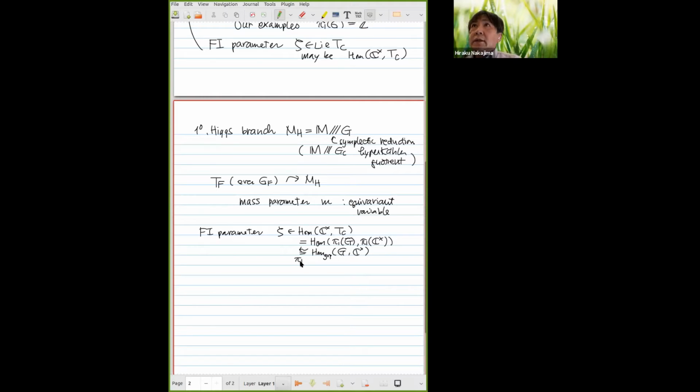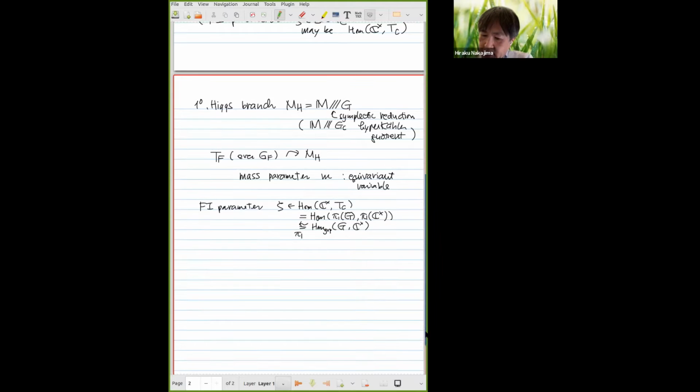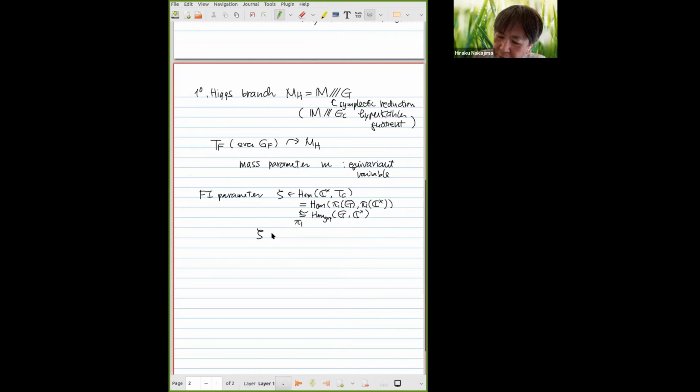Then, if you consider the real algebra, the dual of TC is considered as the space of algebra homomorphisms from the algebra to C.